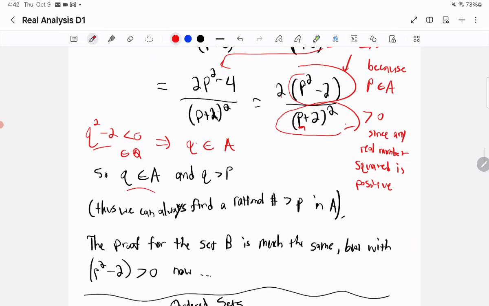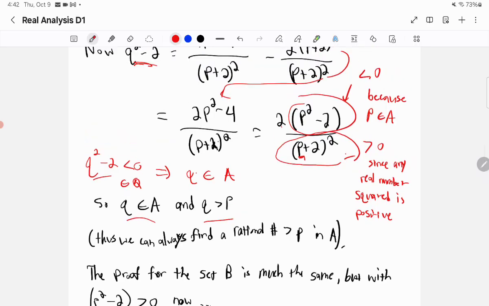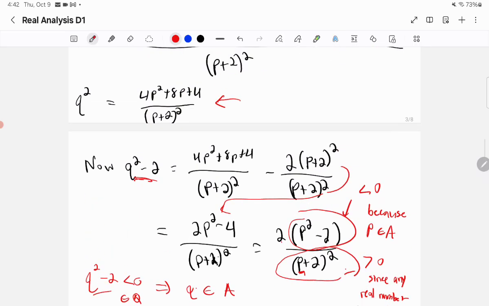So since Q is in A and Q is greater than P, we can always choose a rational number that's greater than whatever rational number we've chosen, P. So we can always keep going. We always get a bigger and bigger number.